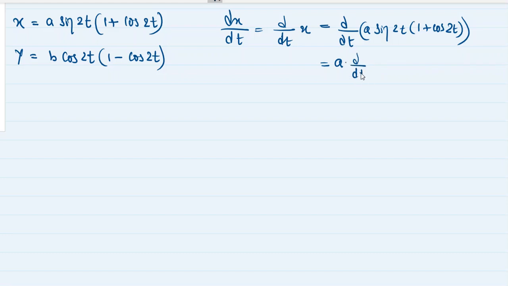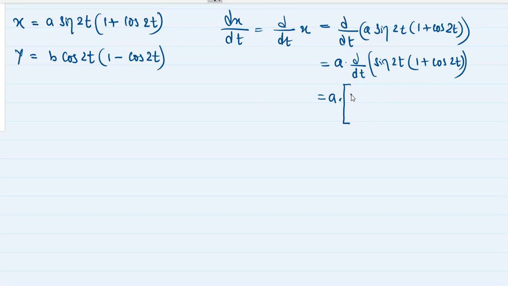So d by dt of sine 2t bracket 1 plus cos 2t. Okay, so we have product of two terms, sine 2t and 1 plus cos 2t. So if we want to differentiate this, let's put a bracket over here.